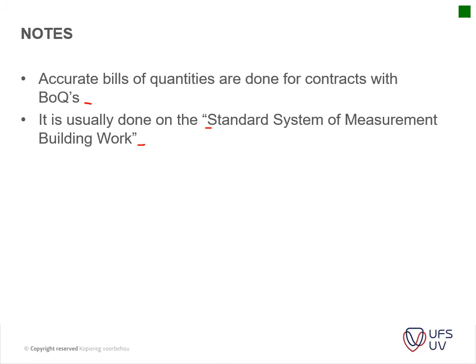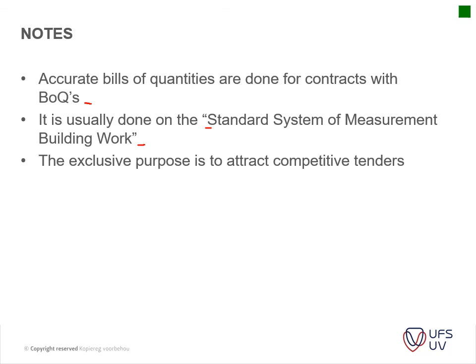So that type of item is governed by a standard system of measuring work. Whenever there's a difference between the contractor and the principal agent, one can go back to the standard system and see how these items are actually measured and how they are paid for.